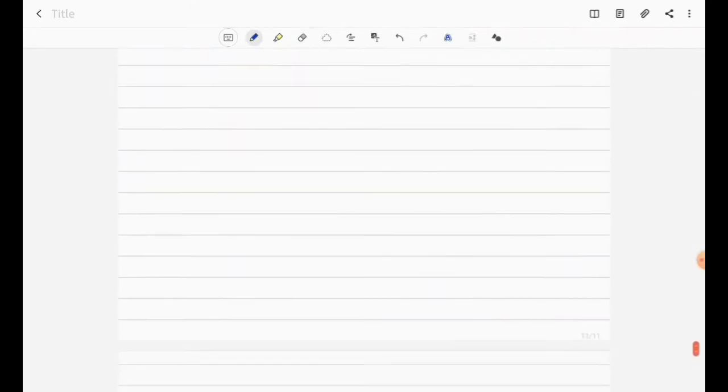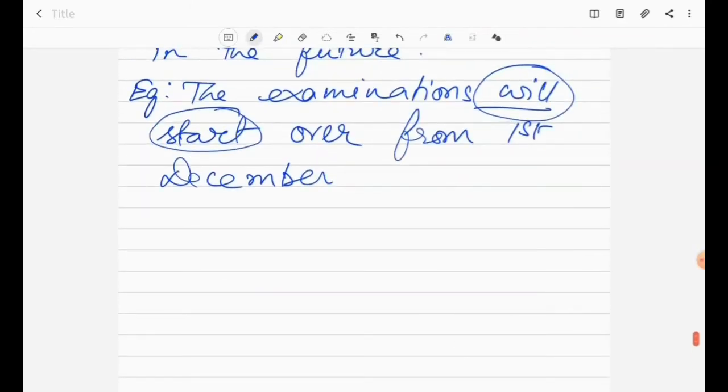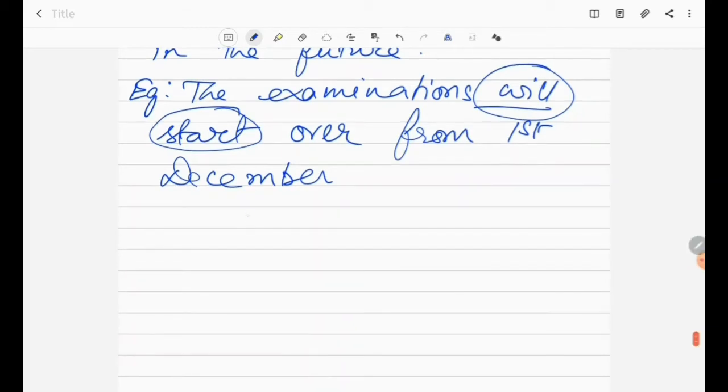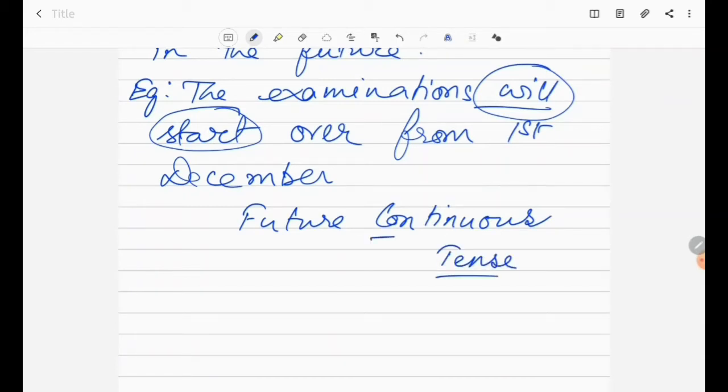Now let us discuss about the future continuous tense. So what do we mean by future continuous tense?